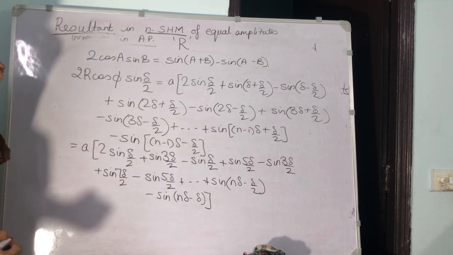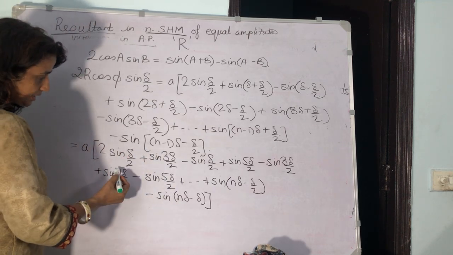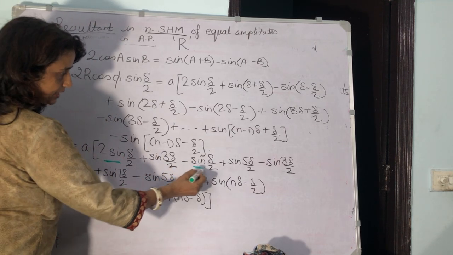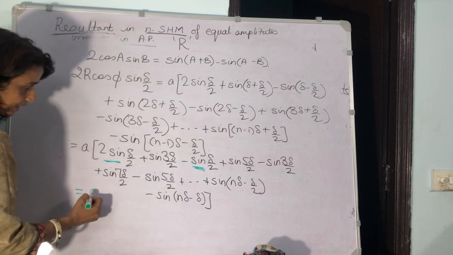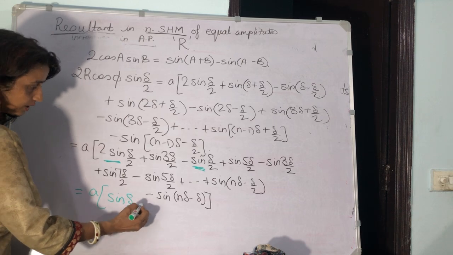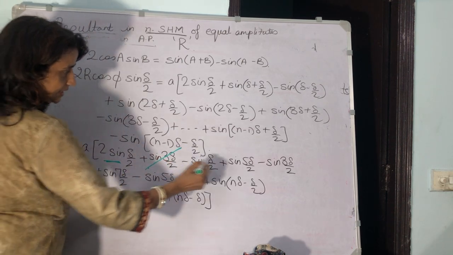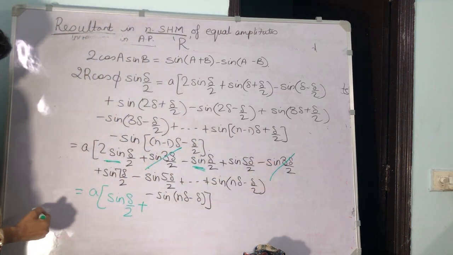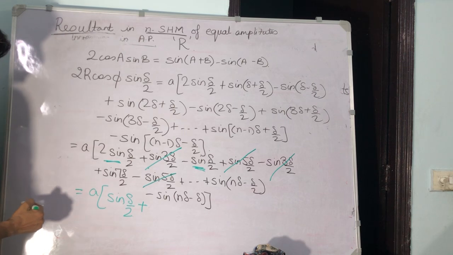Now you have a look at this. See, all the consecutive terms, 2 sin del by 2 minus sin del by 2, we will be left with A sin del by 2 plus all inside terms. As you can see, sin 3 del by 2 has got cancelled, sin 5 del by 2 has got cancelled.